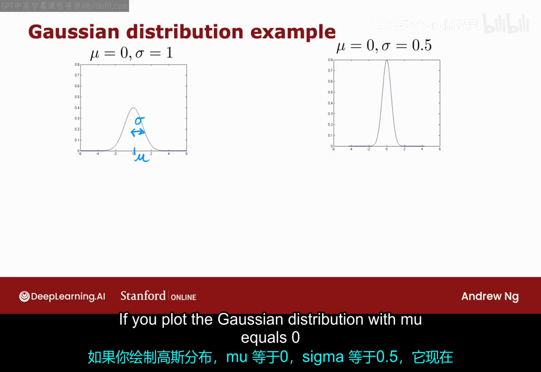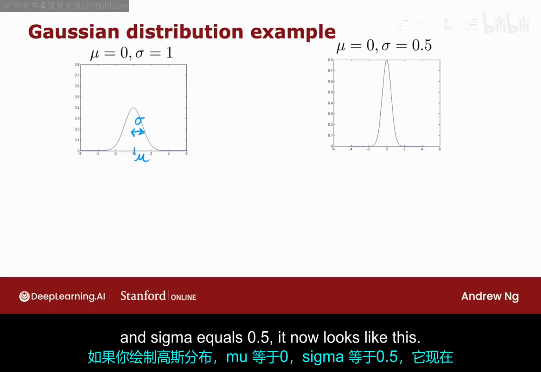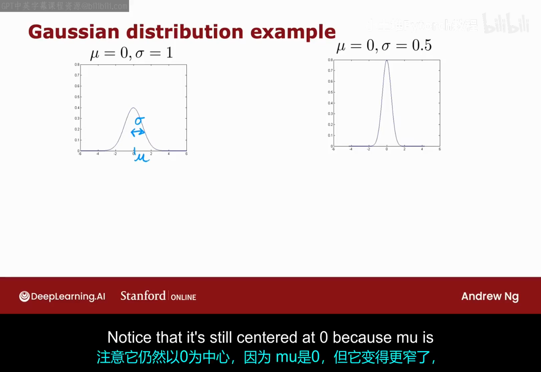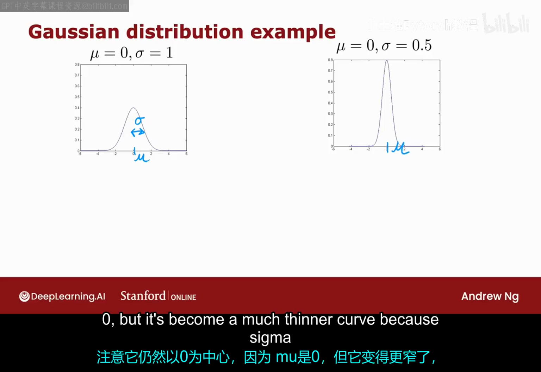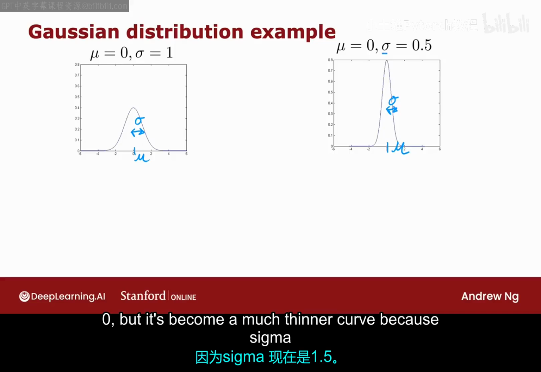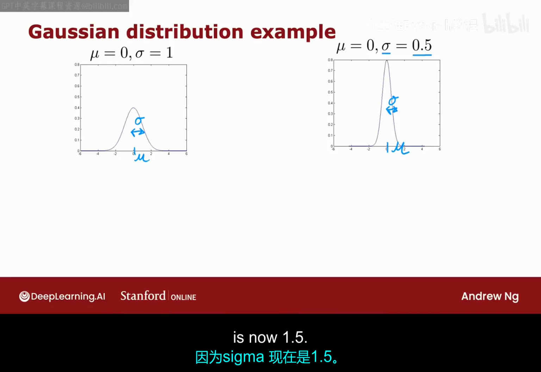If you plot the Gaussian distribution with mu equals 0 and sigma equals 0.5, it now looks like this. Notice that it's still centered at 0 because mu is 0, but it's become a much thinner curve because sigma is now 1/2.